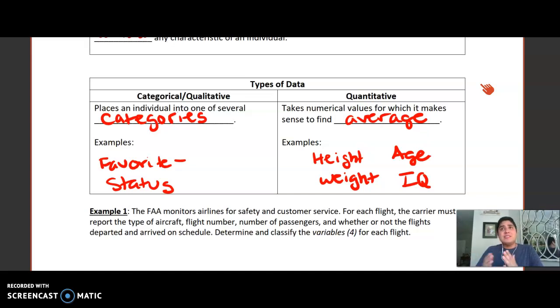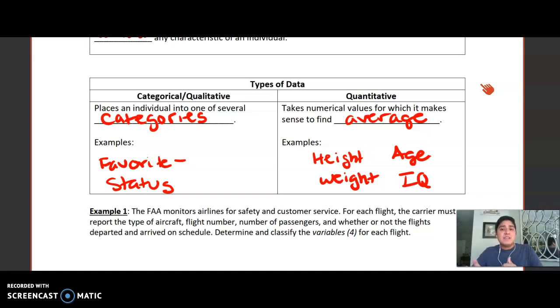Some examples could be your favorite food, your place of birth, your zip code, your preference on whether or not pineapple goes on pizza, etc. This is a status. It could be your classification, what grade level you're in, are you in middle school, high school, undergraduate studies, etc. Things like that. So we count these values because you're responding to fit into one of these categories. So this is our countable data.